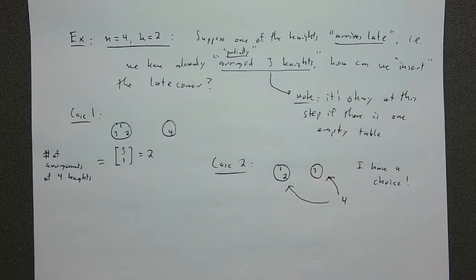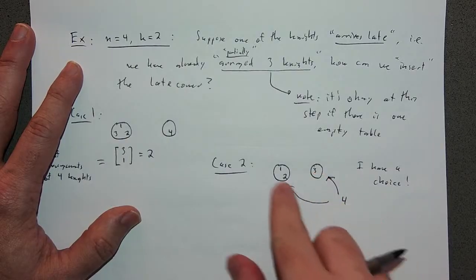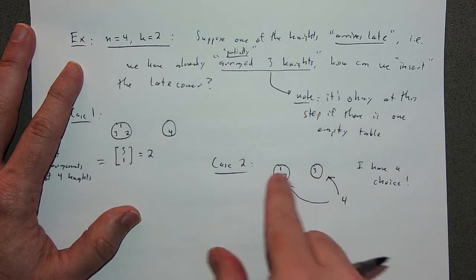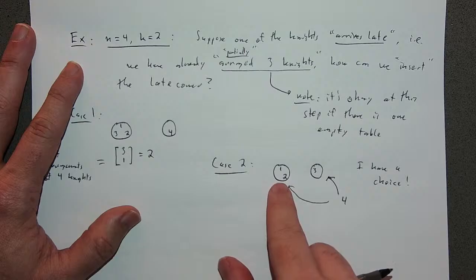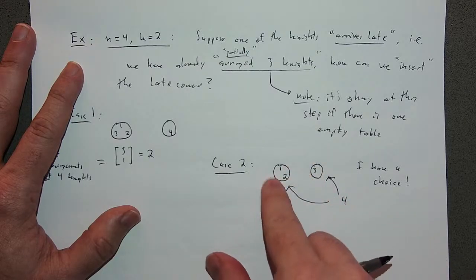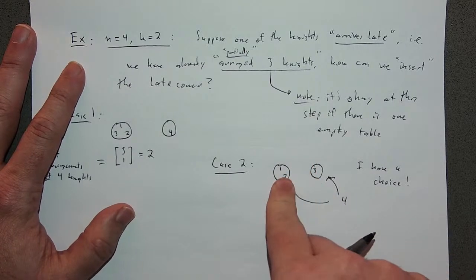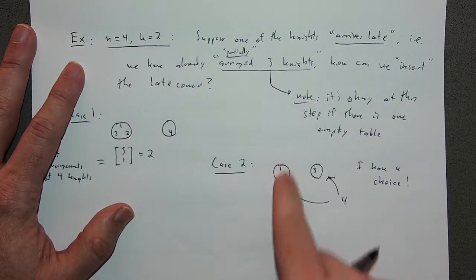However I join the single knight is going to give the same configuration. But how I join the other 2 knights, there are 2 ways to do that, because I could sit either here or here, right? On the left of one or the left of the other. So those are the options. There's two in that case.